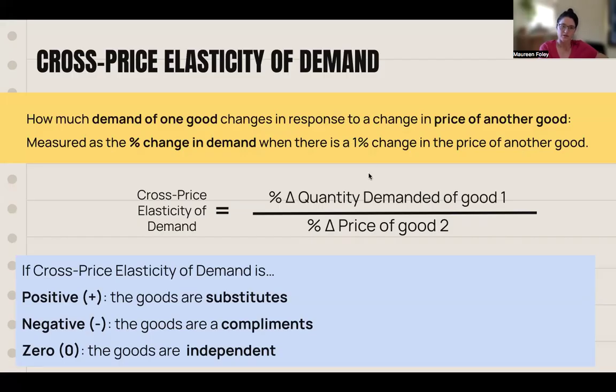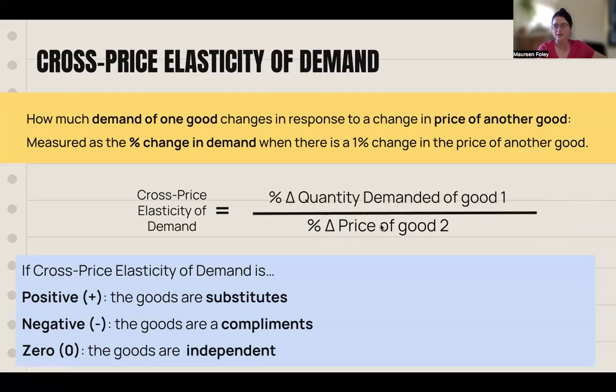So the result of this equation, if we did the math, we'd come up with some number. That number would tell us whether good one and good two are substitutes, if they're complements, or if they're what we call independent. So if the answer to this equation is a positive number, that means that the goods are substitutes.